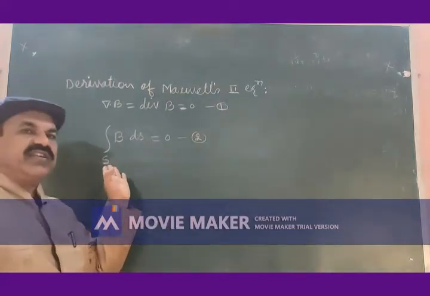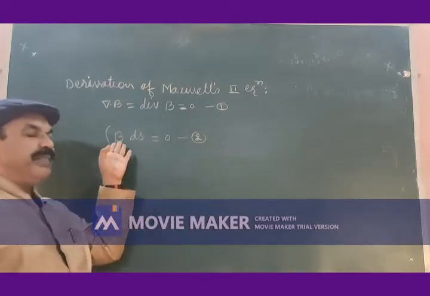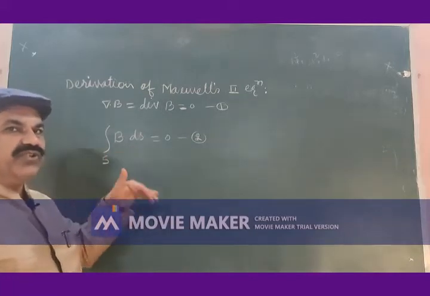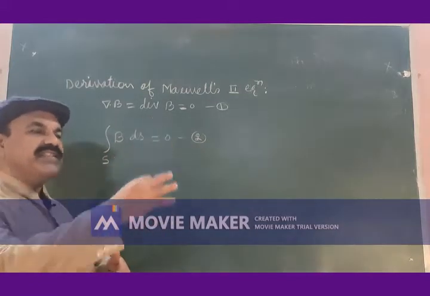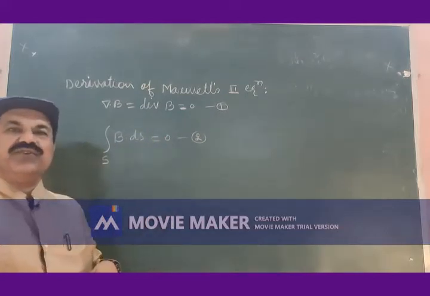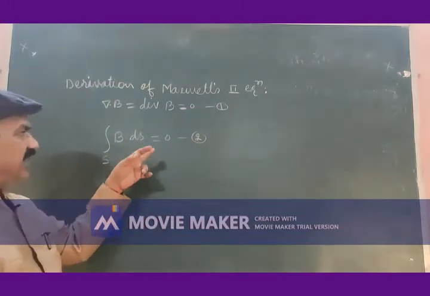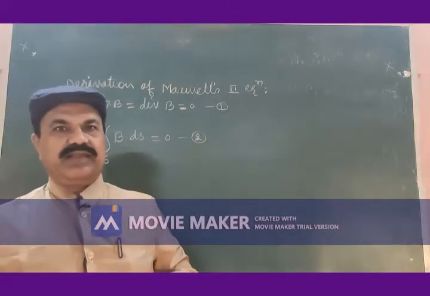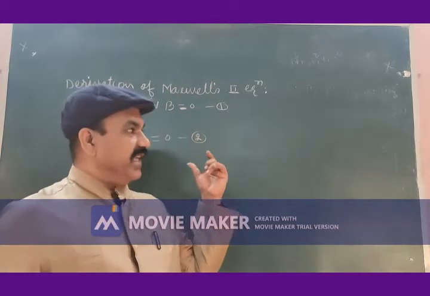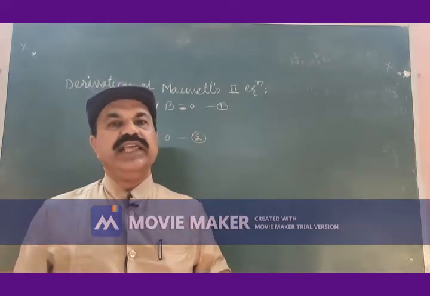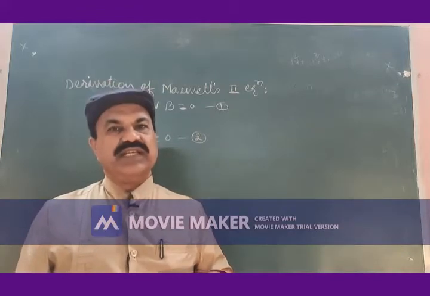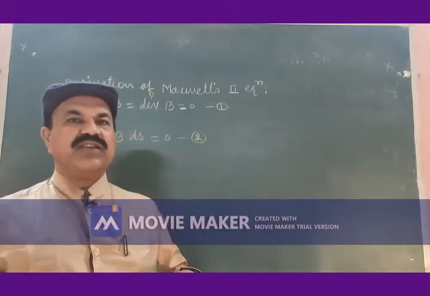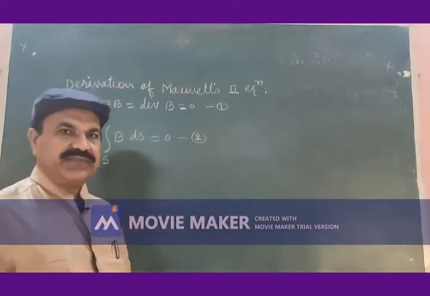For the surface under consideration, the flux of magnetic induction entering into the surface and leaving the surface is equal to 0, and therefore equation 2 holds for any given surface, because the number of lines of force entering any surface is always equal to the number of lines of force leaving that surface.